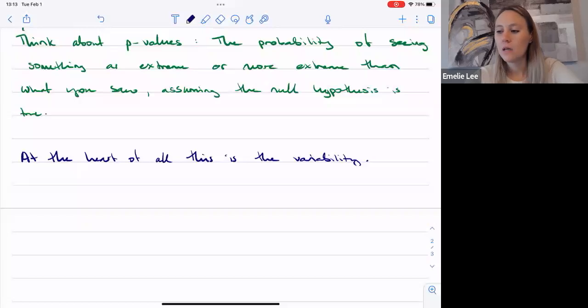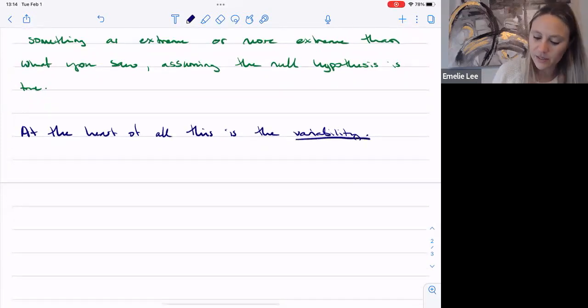How much variation am I expecting to see? There are some important measures of variability that we consider. We focus on the variance or the standard deviation, which is directly related to the variance.